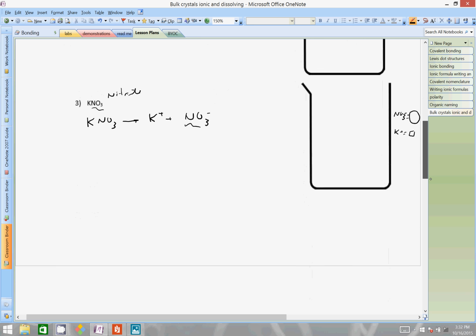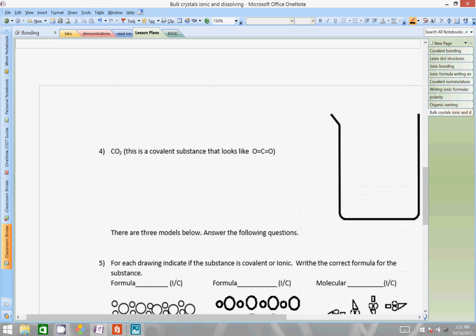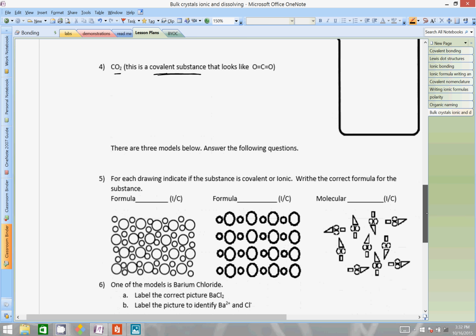The back side just has some varying questions. Now this one, note it's a covalent substance, so there's a catch with that one, so think about that a little bit. Covalent compounds, unlike ionic compounds, do not dissociate, they don't break apart, so I will leave that one for you to think about.